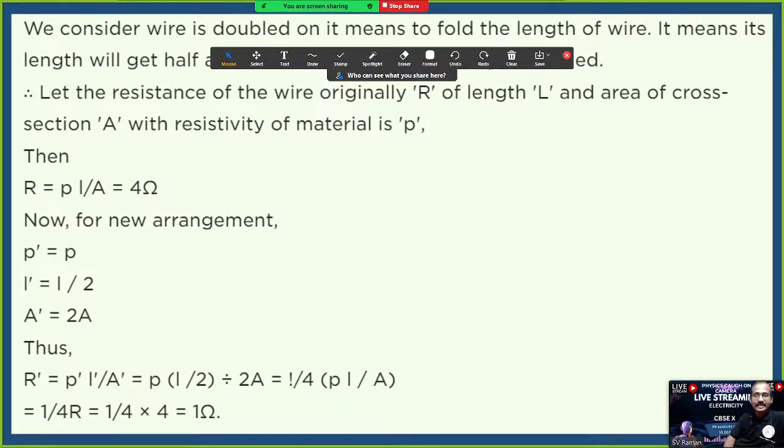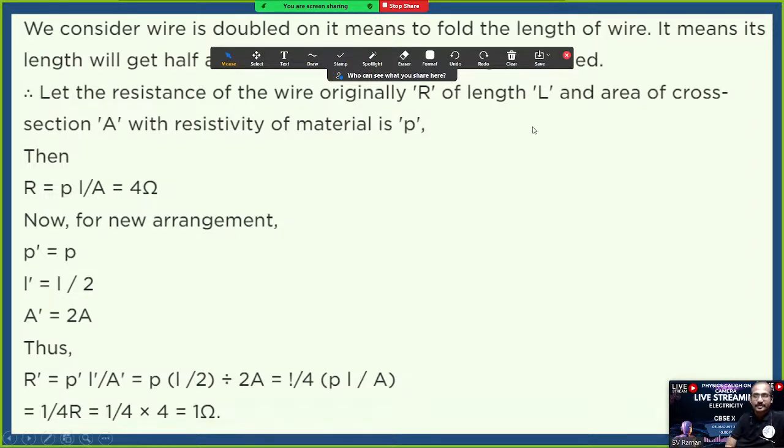Resistivity is the same. The wire is doubled, so L dash is equal to L by 2, L is equal to 2L dash. Area also will increase, A dash is equal to 2A.